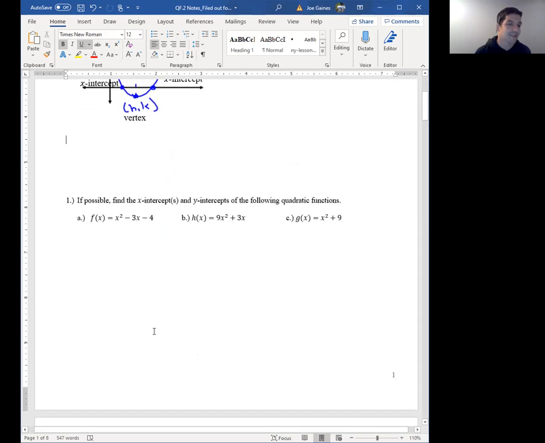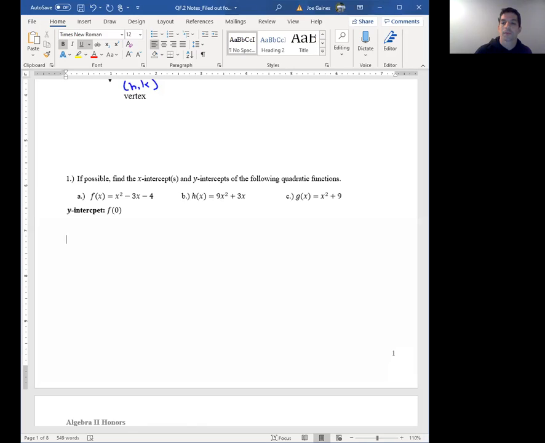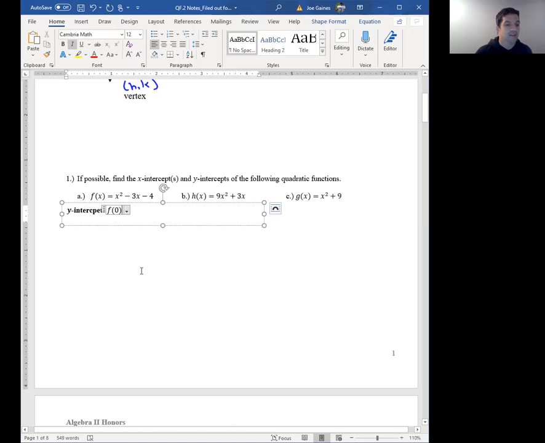Problem number 1 says, if possible, find the x-intercepts and the y-intercepts of the following quadratic functions. Taking a look at problem 1a, we have the function f of x equals x squared minus 3x minus 4. This one should not be too complicated for us to find the y-intercept. Again, the y-intercept is setting x equal to 0.